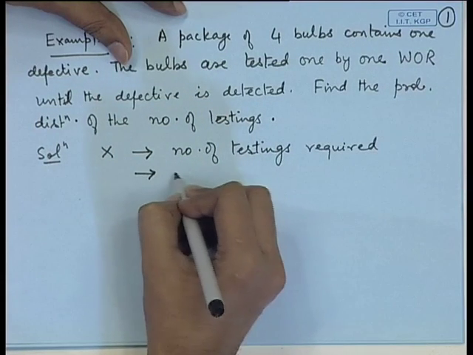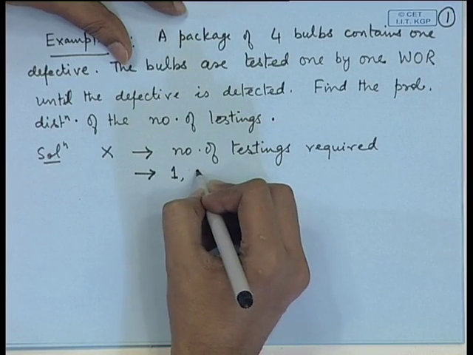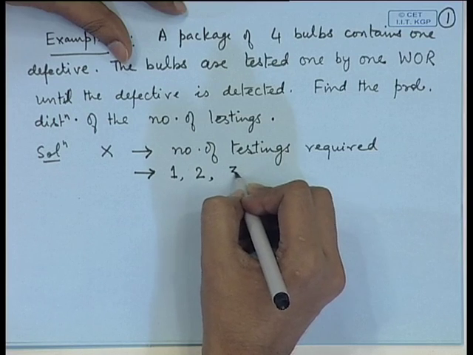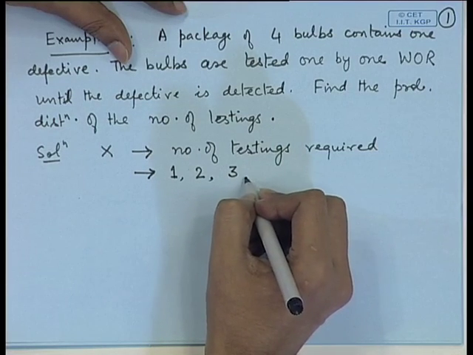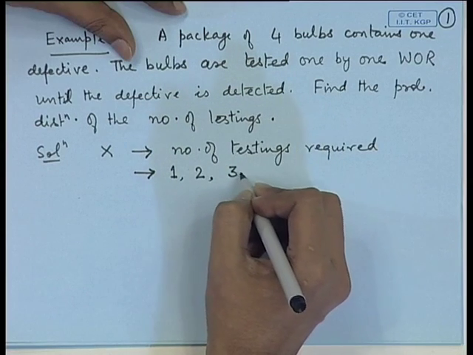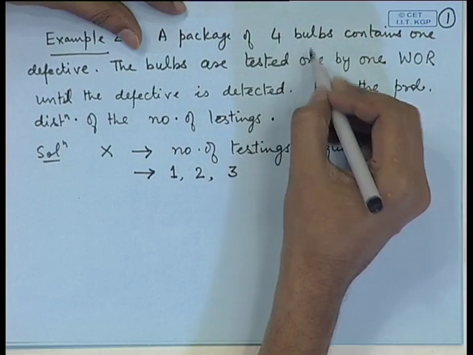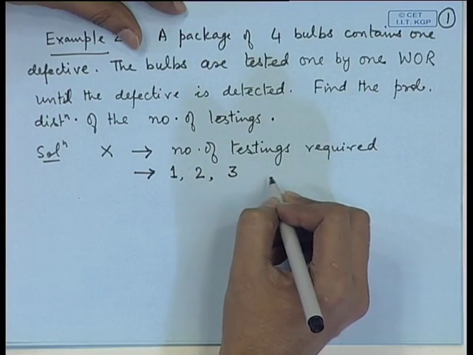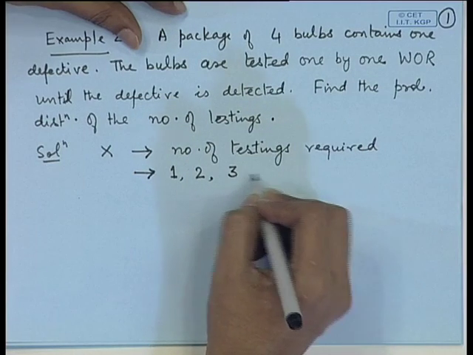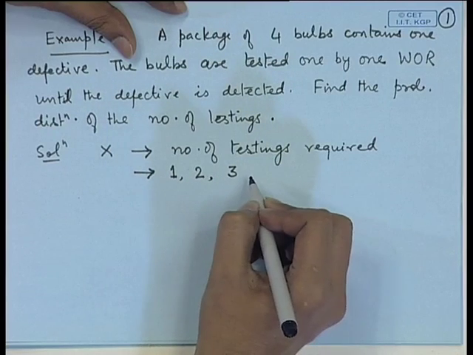Here, if we test once, that itself may be the defective, or if that is not so, the second one may be defective, or the third one, or the fourth one. However, if the third one is found to be not defective, since there are only 4 bulbs in the package, the fourth one will be automatically treated as the defective. So, in reality we do not need 4 testings, we need only 1, 2 or 3 testings.